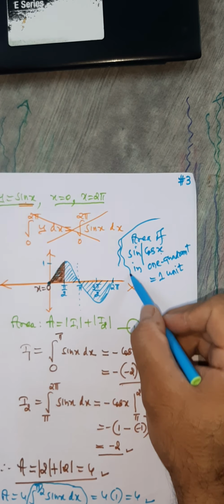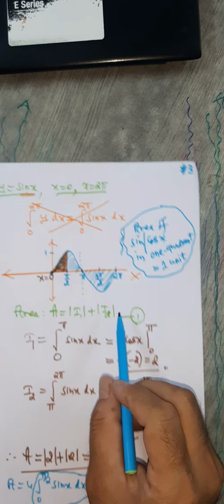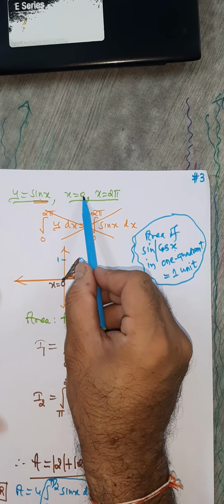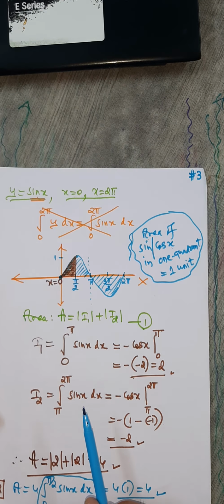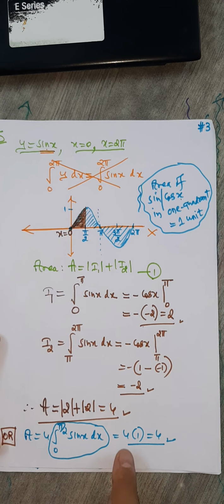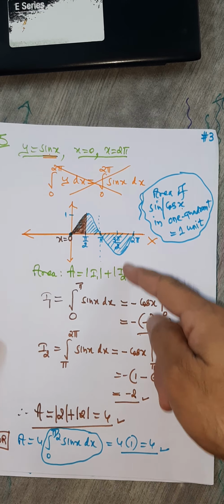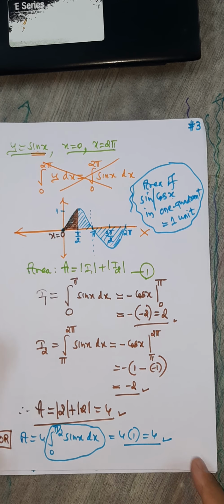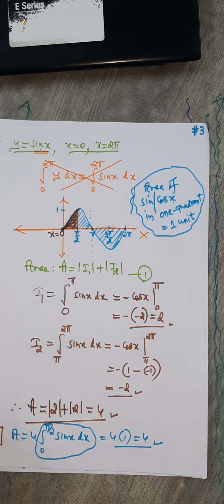Right? In MCQs you can write directly. If a question is asked in MCQ, 0 to 2 pi is how many quadrants? 4 quadrants. In 4 quadrants the area would be 4. That's what you are getting here. But this I did from a subjective point of view, remember. Got it? Remember, the area of the sine or cosine function in one quadrant equals 1 unit.